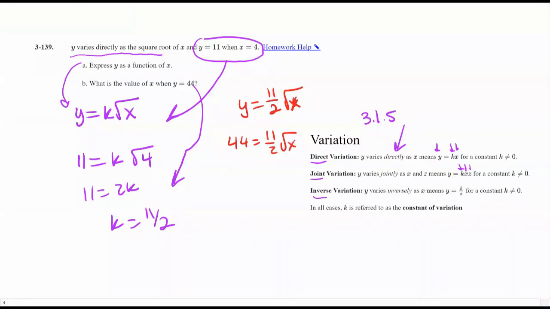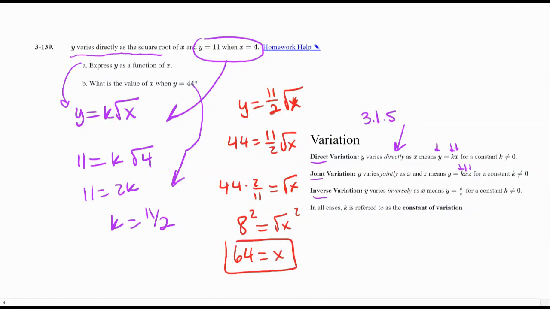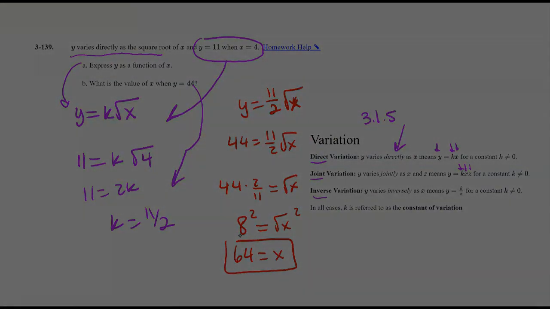So I'm going to multiply by the reciprocal to get rid of 11 halves on the right side, which gives me just 8. Then I'm going to square both sides, so I get x is equal to 64 when y is 44.